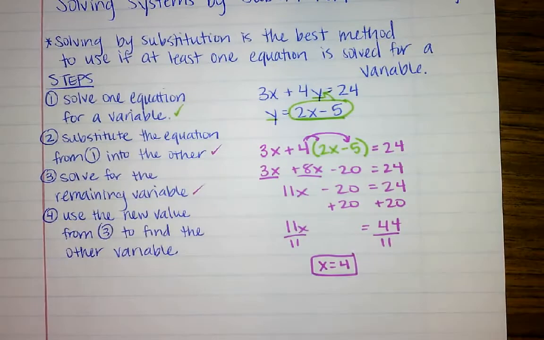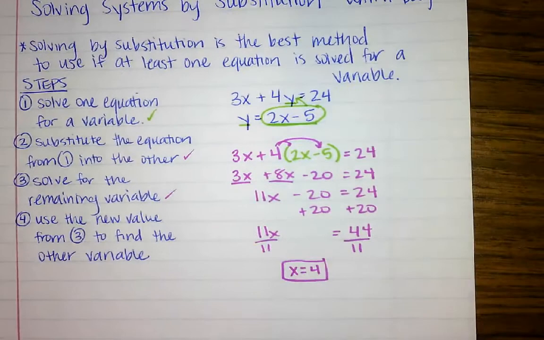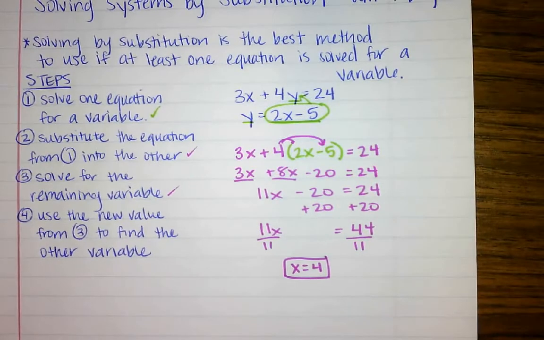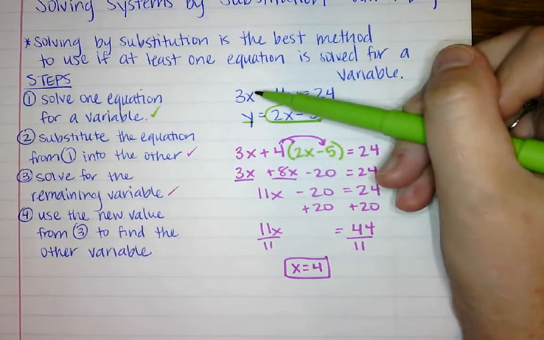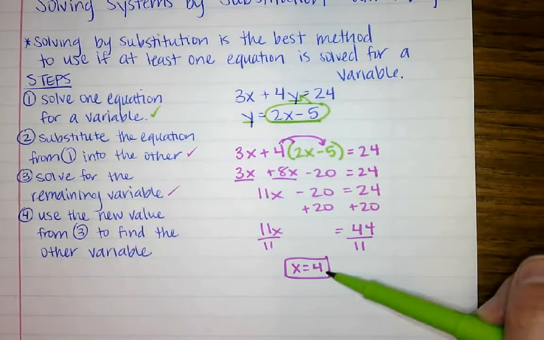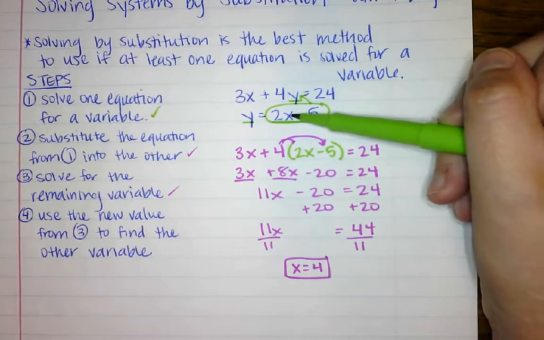I'm going to jump over here to the side. It doesn't matter which equation you use. You can use either one. I could plug in this 4 for the x in the first equation, or I could plug in the 4 for the x in the second equation.